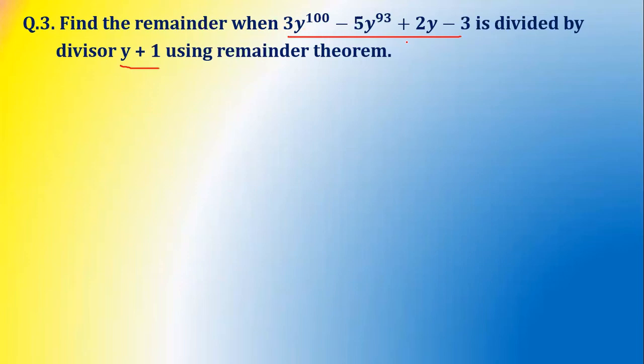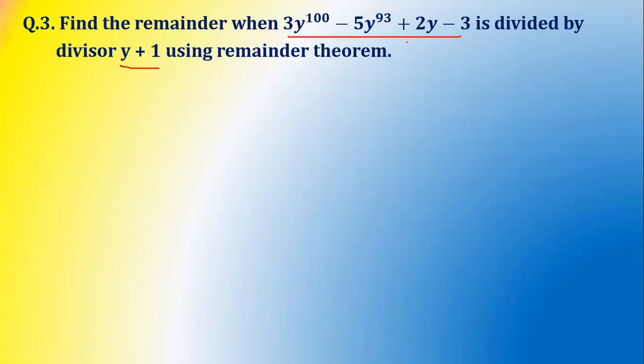Now let's think for a while. If we try to find the remainder by using the normal division method or synthetic division method for divisor y plus 1, obviously it will take a lot of time, because the process itself will be very lengthy, and many steps will come, so it will take more time to find the value of remainder.